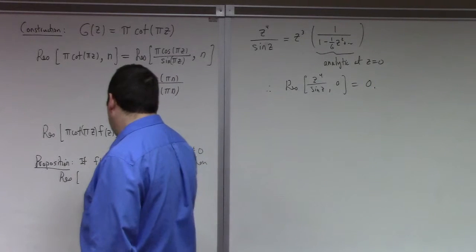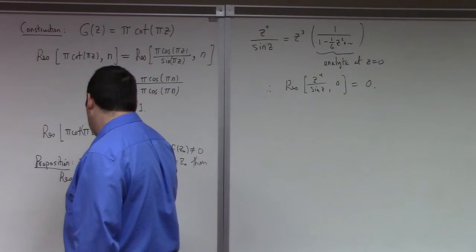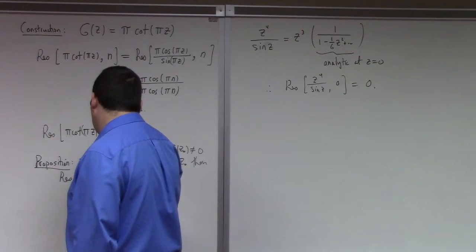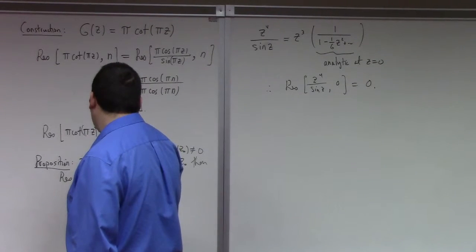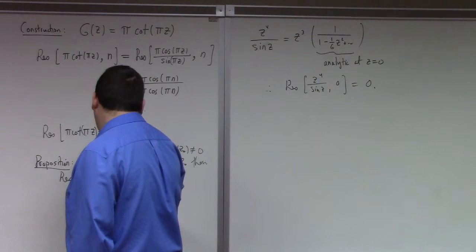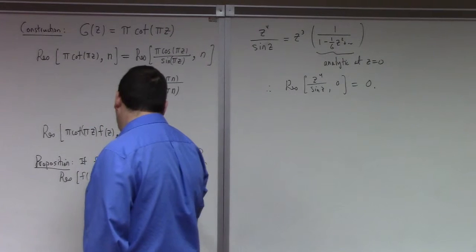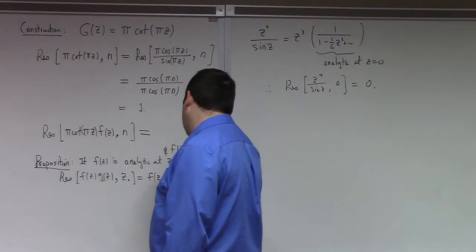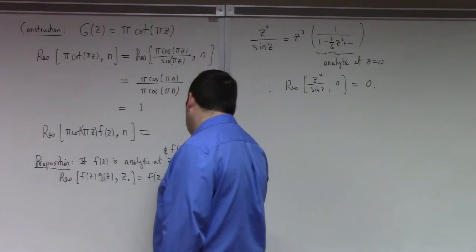Then the residue of f of z times g of z is what? It's just f of z naught times the residue of g.